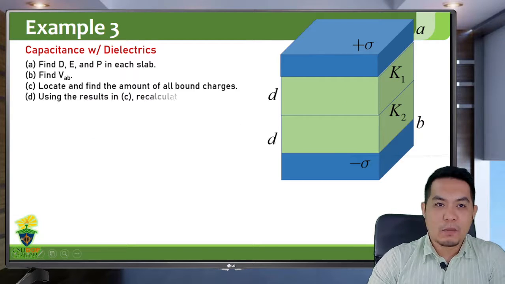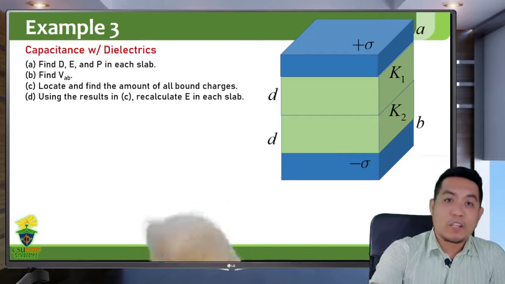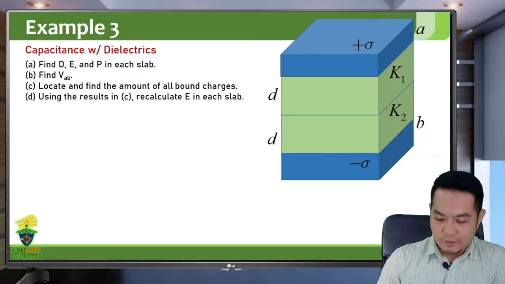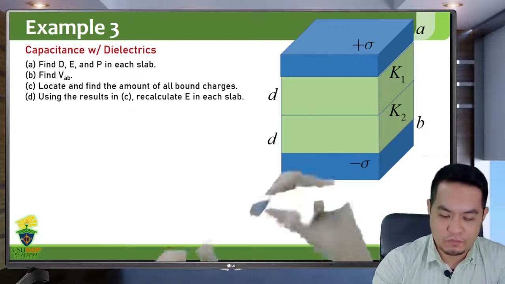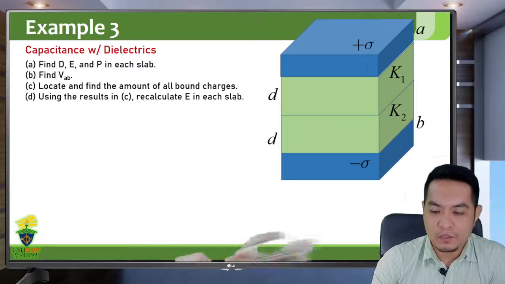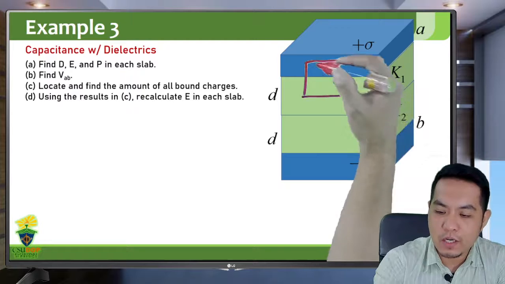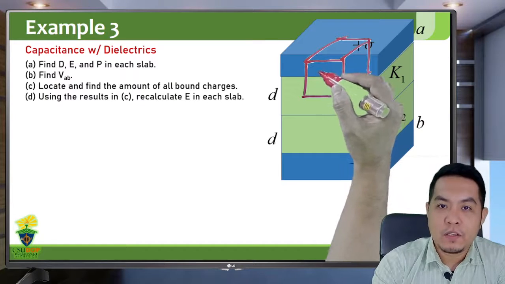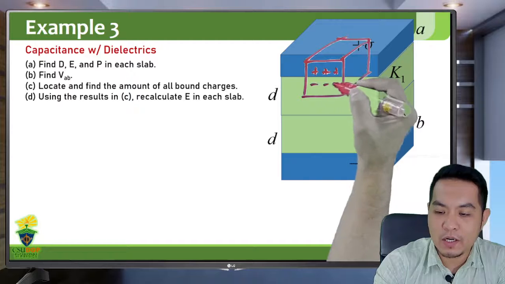For the last problem, you are asked to use the obtained charge densities in C and recalculate the electric field in each slab. So you will do Gauss law again, but now you will be using the original form of Gauss law. There will now be free charges here which are positive, and bound charges here which are negative.